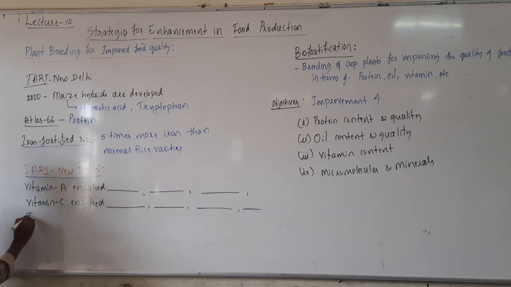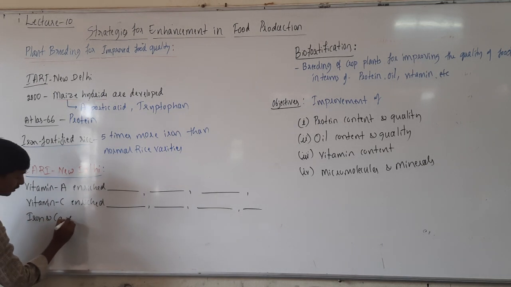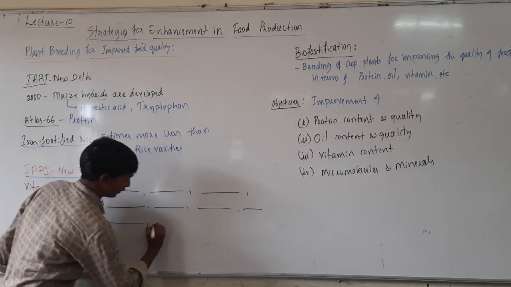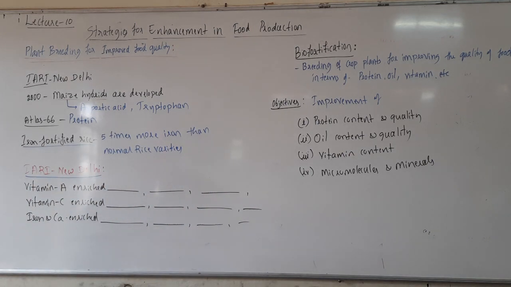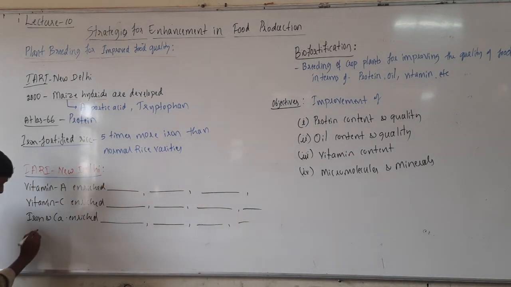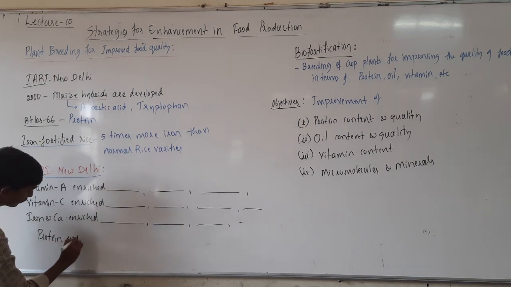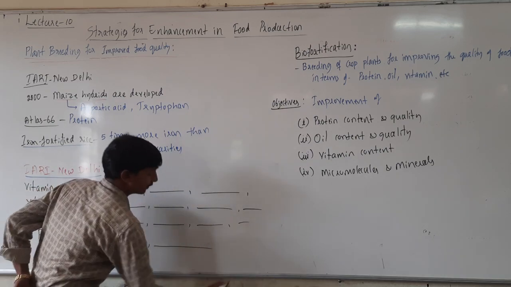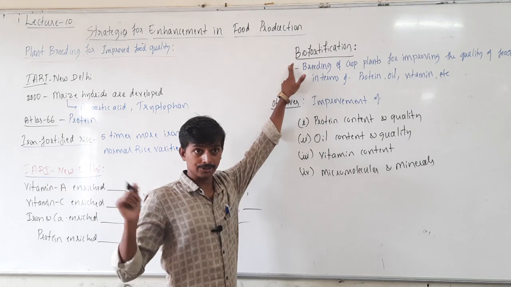Iron and calcium enriched, some crops are there in our text. And lastly, protein enriched. Just open this concept in our textbook.